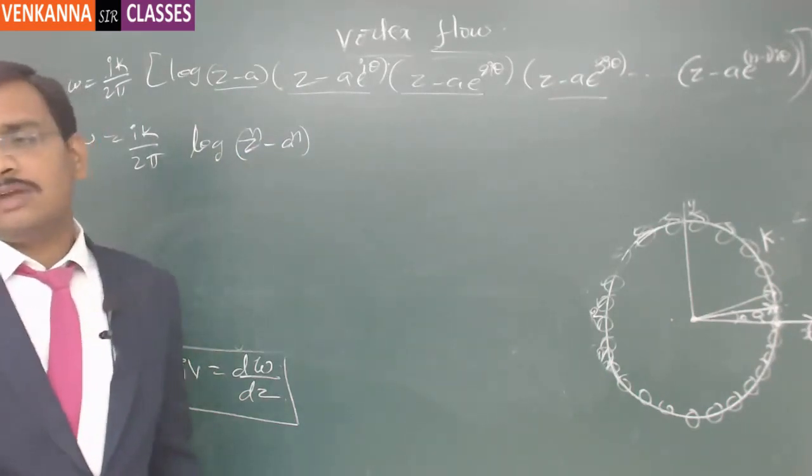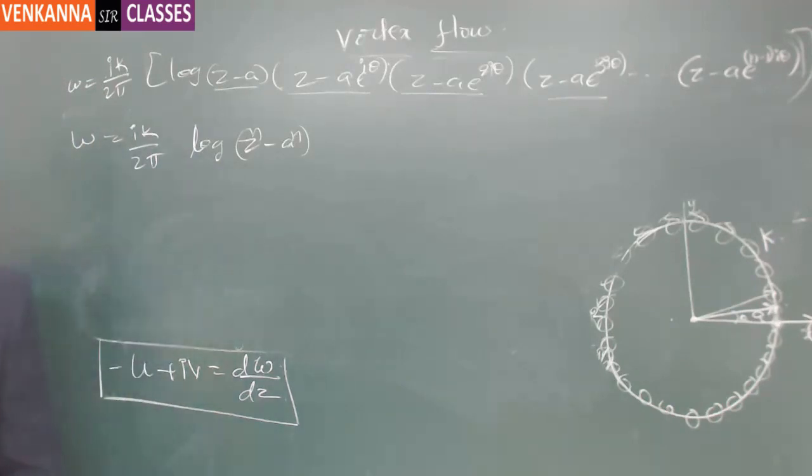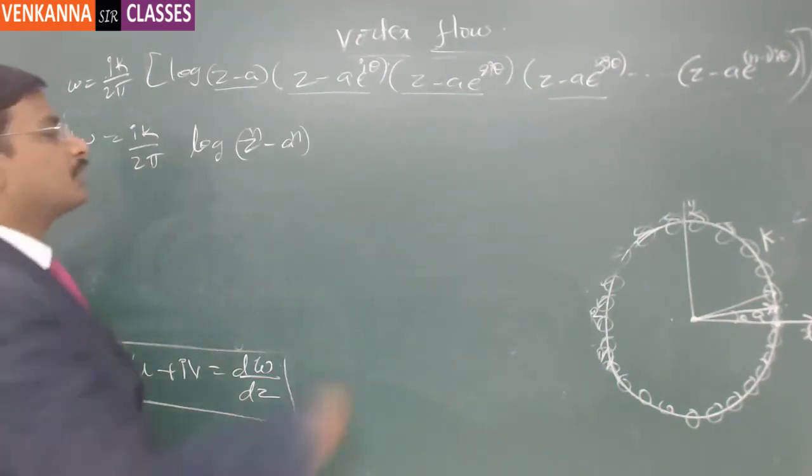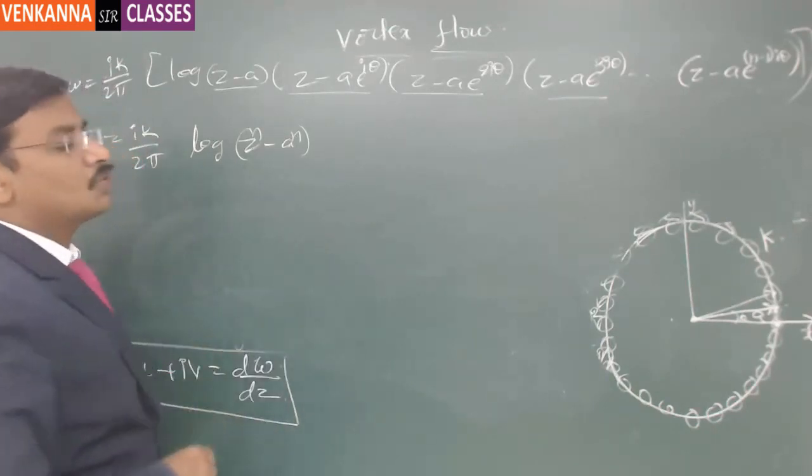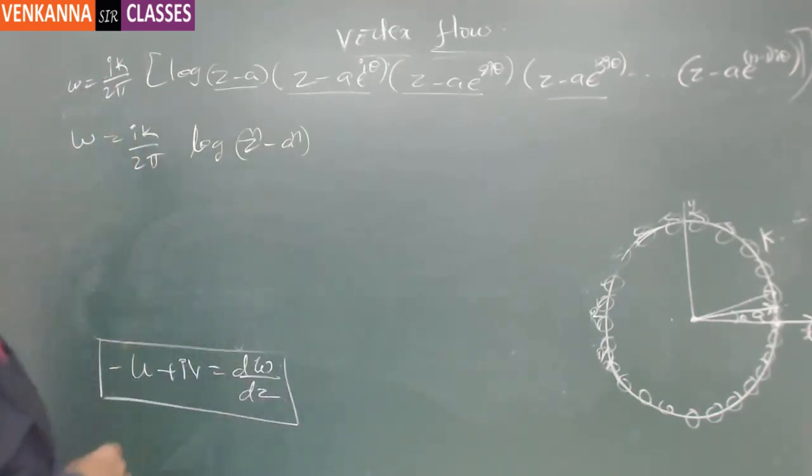So how do we identify the velocity? In the textbook he made it so complex that you cannot understand. I'll give you a simpler solution for this.